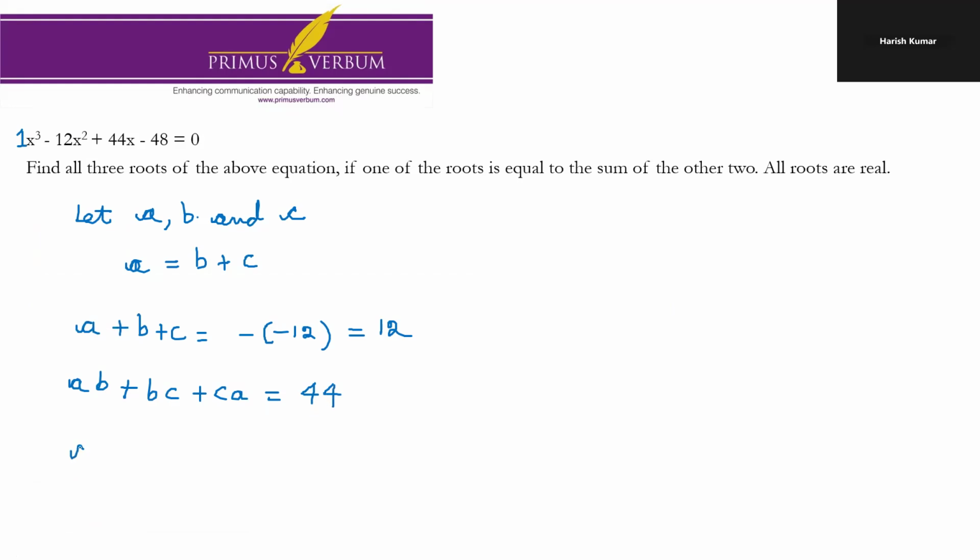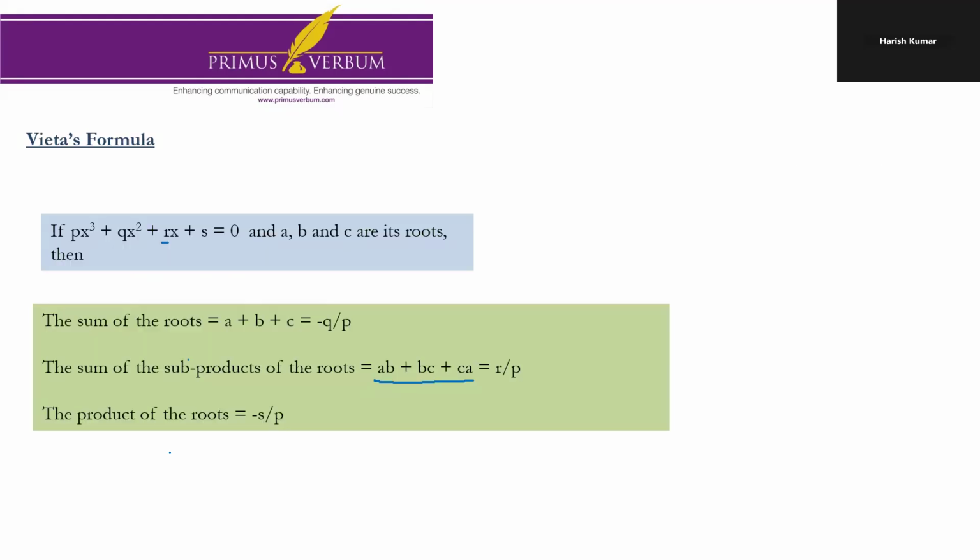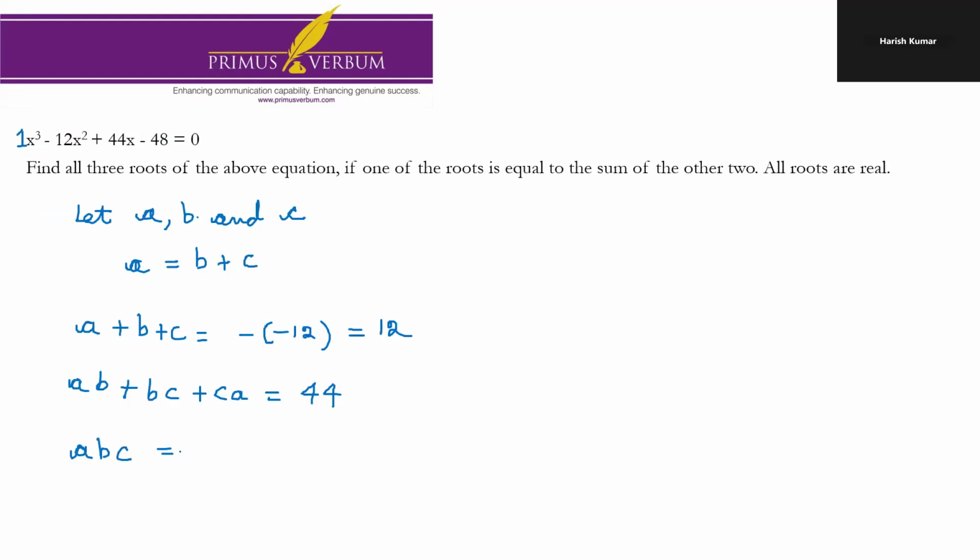And lastly, the product of the roots, ABC, is going to be equal to minus S by P. In this case, it's minus of minus 48 by 1, which gives you 48.